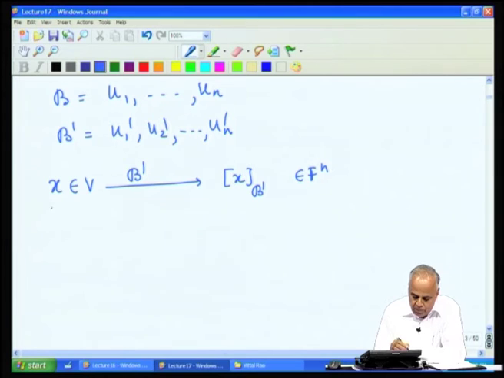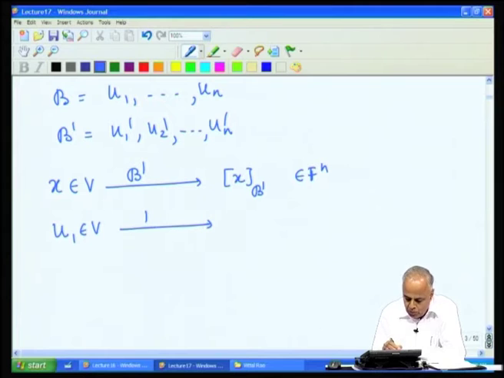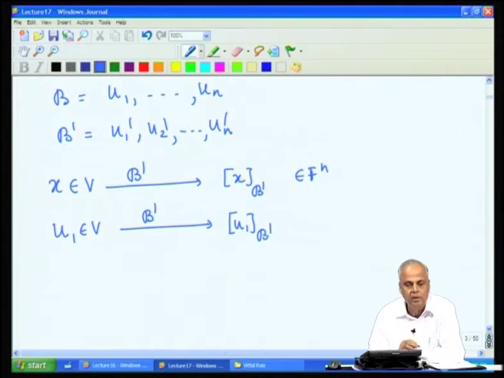In other words, I can take x to be u1, which is certainly in V. So, I can use B prime, and I should get a vector in Fn which is representing u1 in the basis B prime.